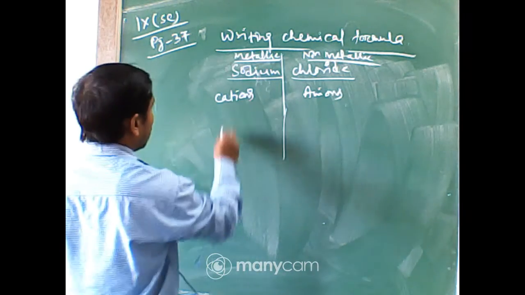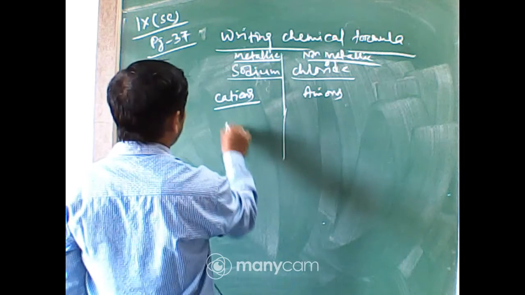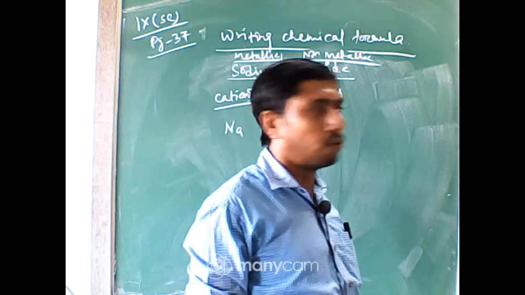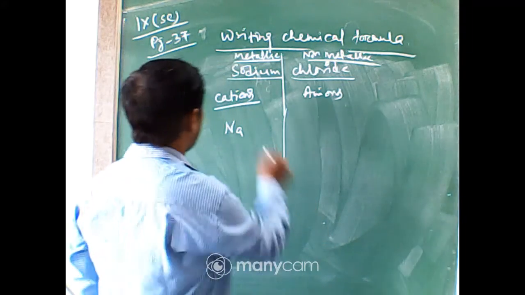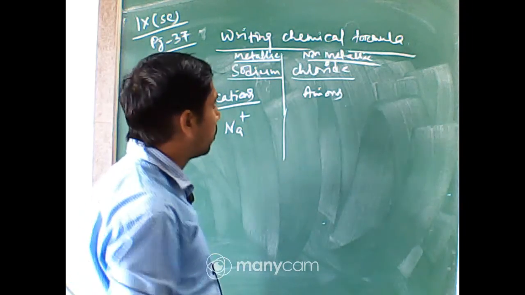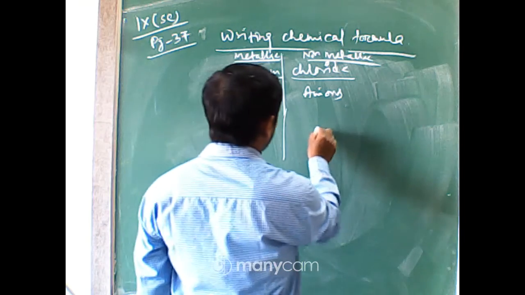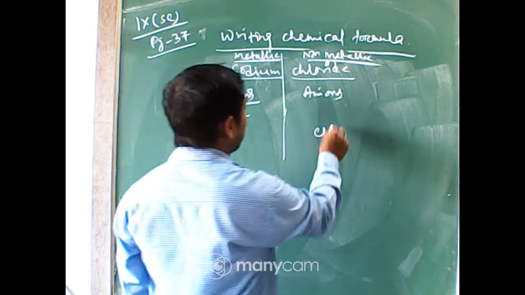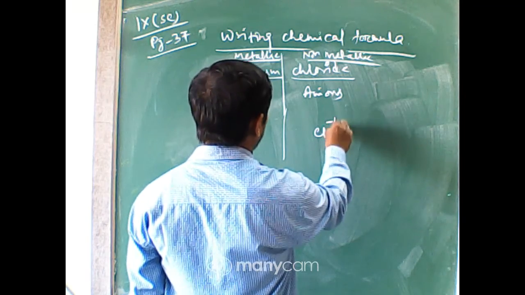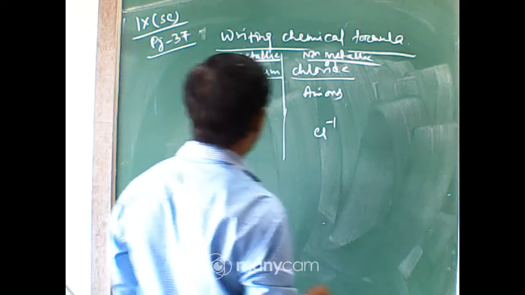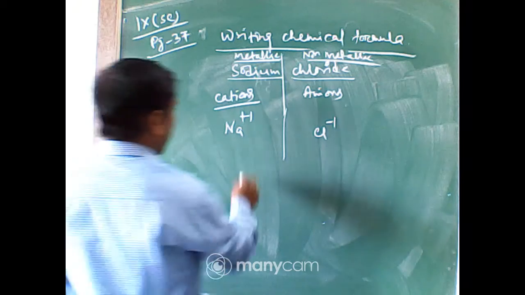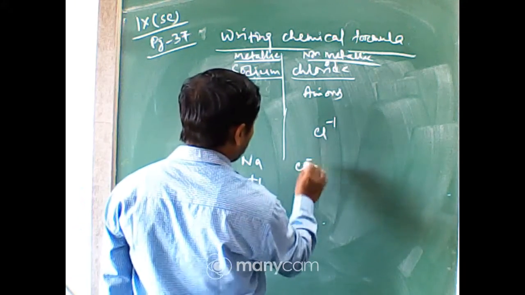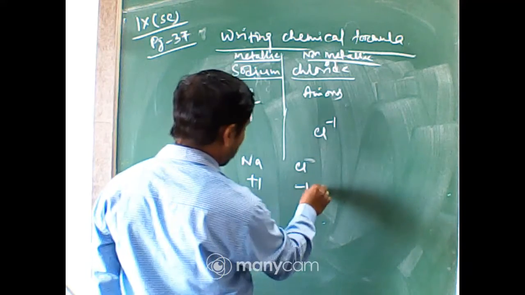So, here the metallic part, sodium, as I told you, to form the stable electronic configuration it is monopositive, and chlorine is short of 1 electron, it will take up that electron and form the minus 1. So, it is plus 1 and this is minus 1. Now, just write in this manner Na plus 1, Cl minus 1.